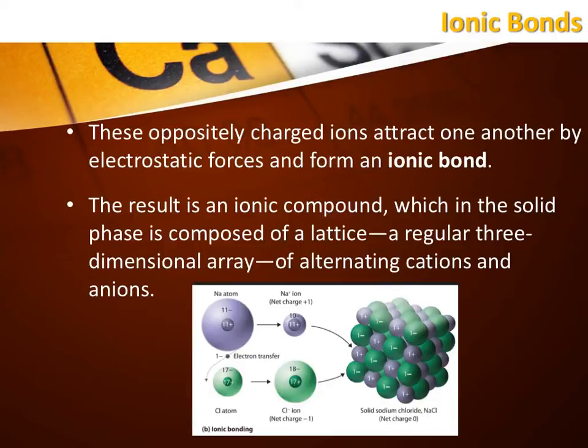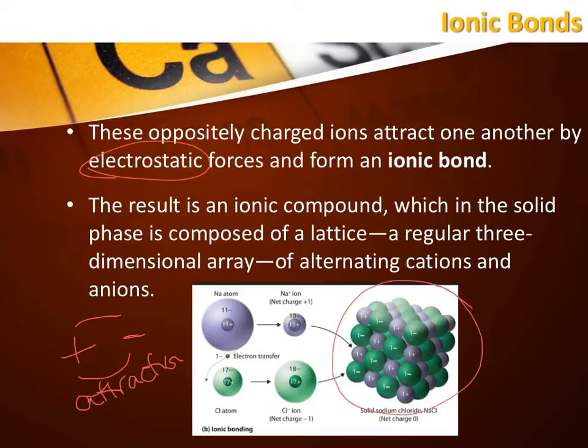And then when you have a cation and an anion, obviously there's a very strong electrostatic attraction between the opposite charges. And so you end up getting a 3D kind of conglomerate of cations and anions that are all attracted to each other, and that's what an ionic compound is.